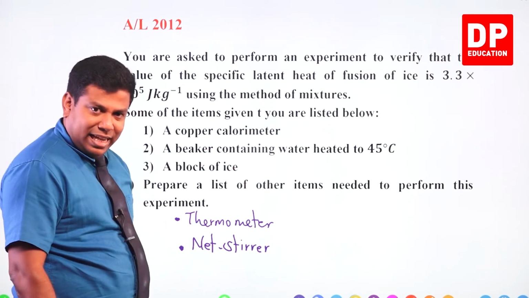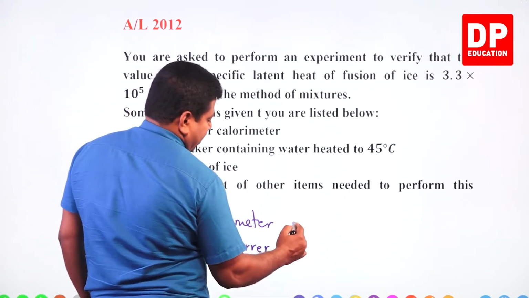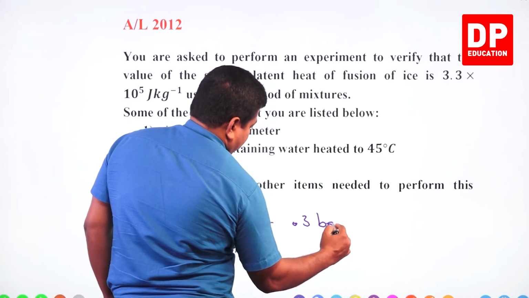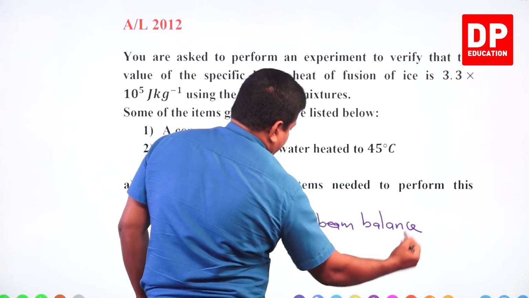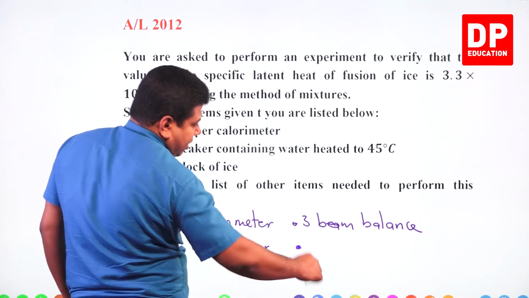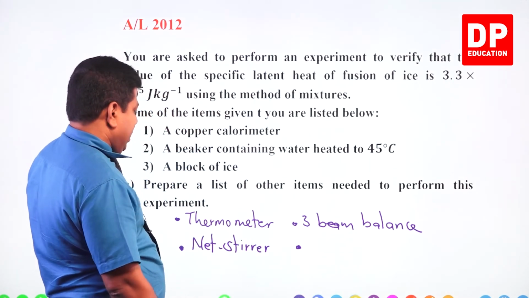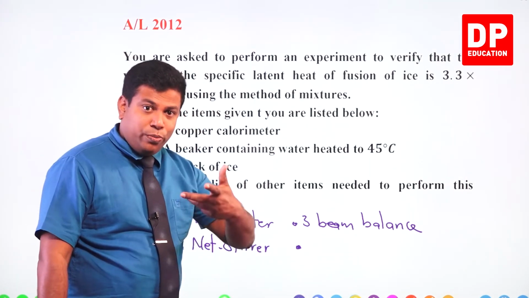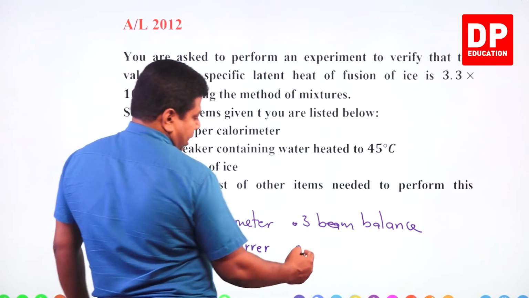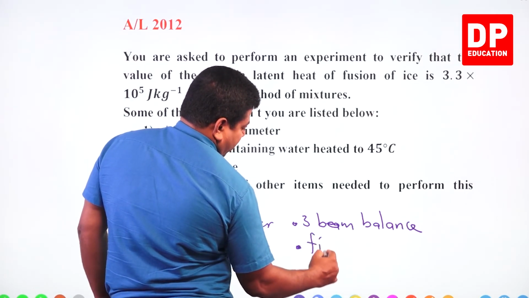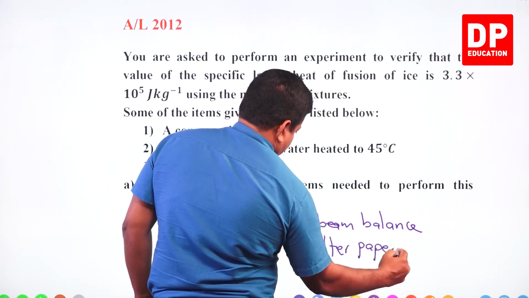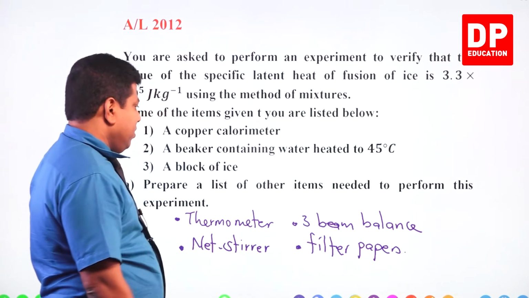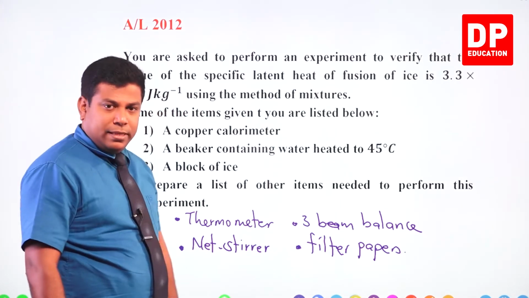Don't just say weighing scale, let's say 3-beam balance or 4-beam balance or electronic balance. What else do we need here? We need the filter papers to wipe the ice cubes. I think that's enough. That's all? Yes. Next.